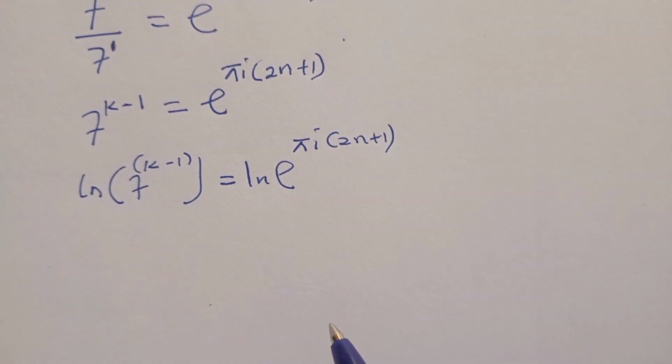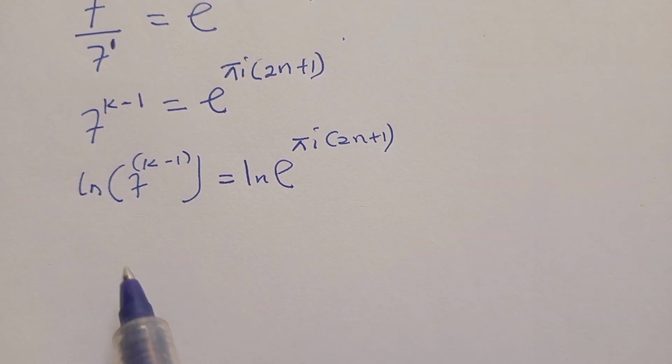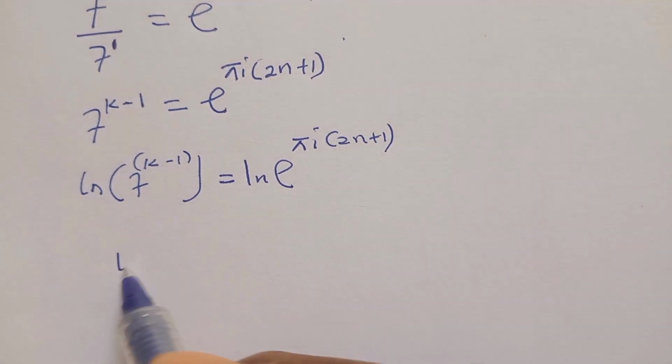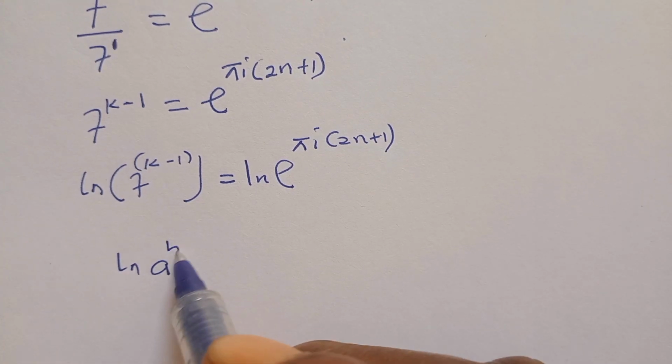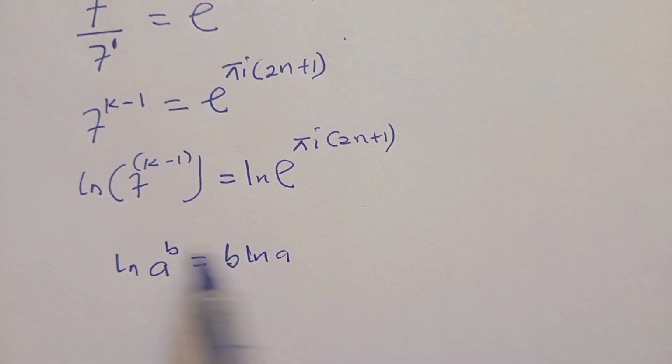According to the power law of logarithm, ln of a to the power of b gives you b ln of a.